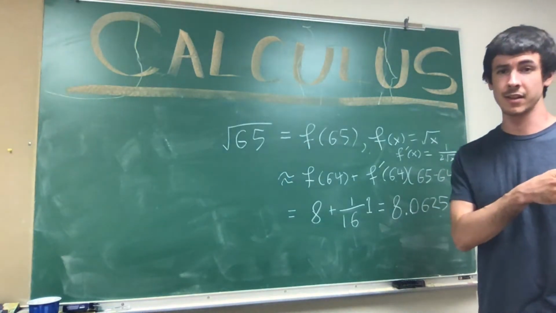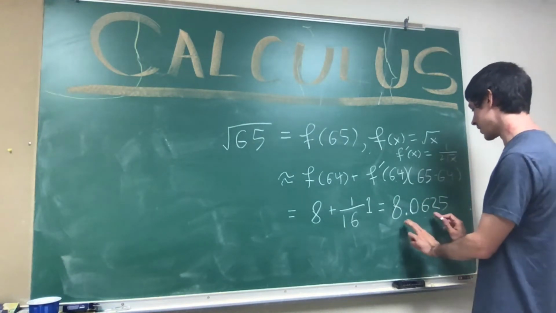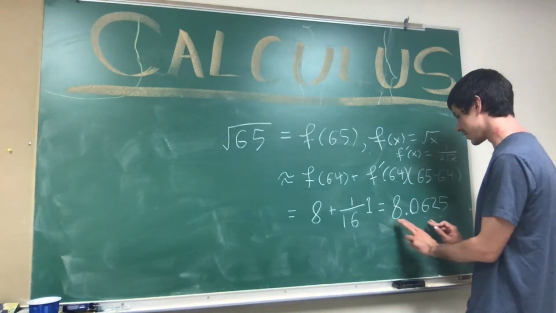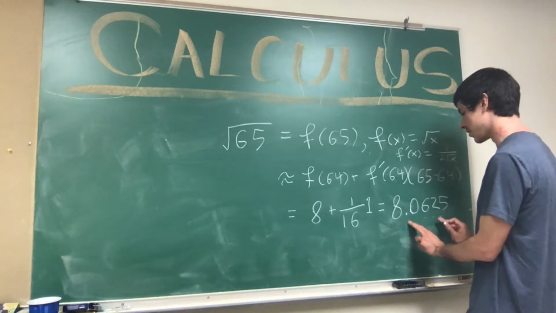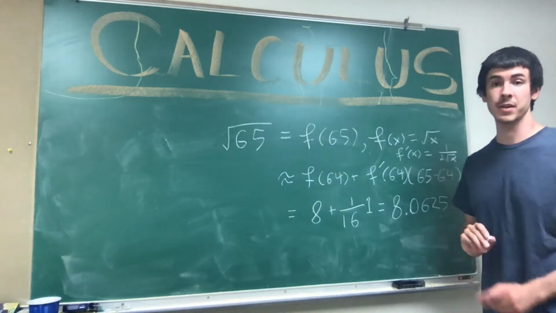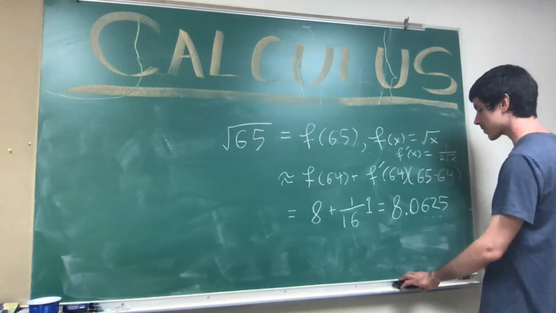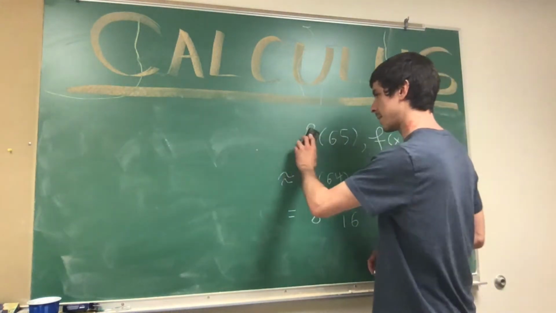Actually, I don't know exactly what your calculator does. It probably does some high efficiency tricks. But how would we approximate this arbitrarily well, to make it as close as we could possibly want it to be to the exact answer? Well, that's something that we'll get into more tomorrow. But here's a first approximation with the tangent line.